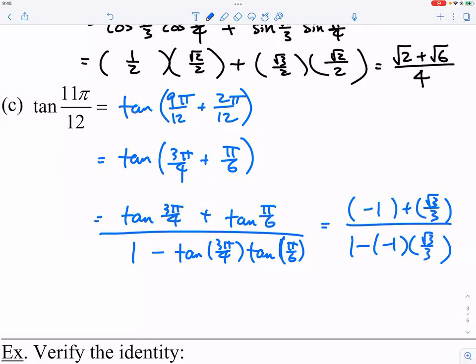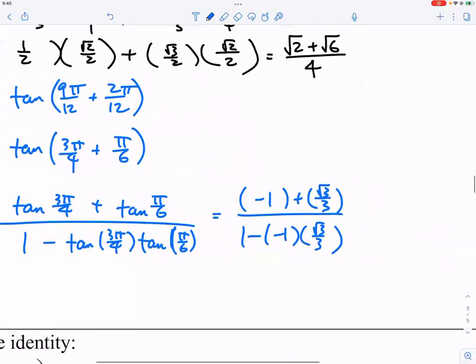So we just reuse these values here. So that's a benefit of doing tangents. Because it stays with tangent, there's no sine and cosine right here. So now be very careful on how you handle the values. So the denominator would be 1 plus √3/3. So now, I think we did something like this back in the first semester.